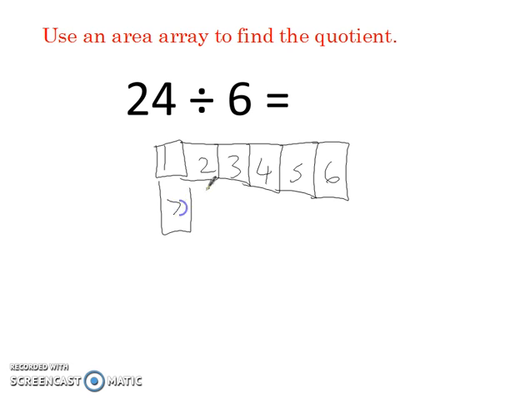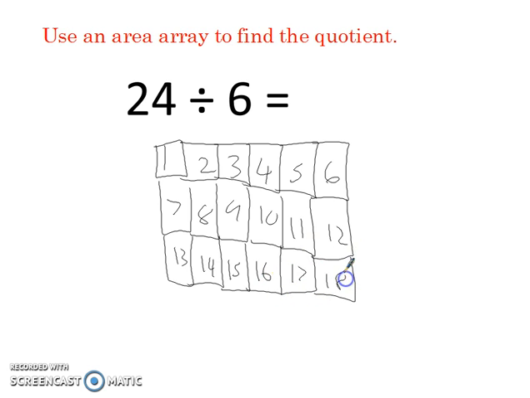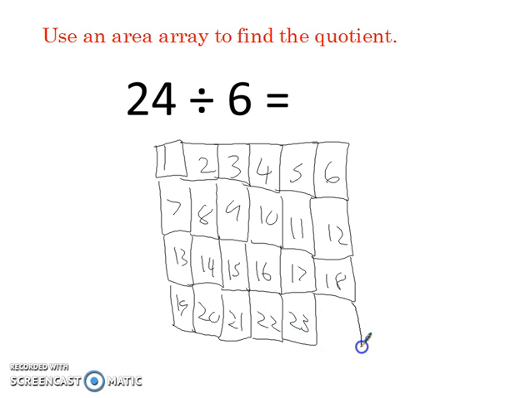So down here, this would be 7, 8, 9, 10, 11, 12, 13, 14, 15, 16, 17, 18, almost there, 19, 20, 21, 22, 23, 24.